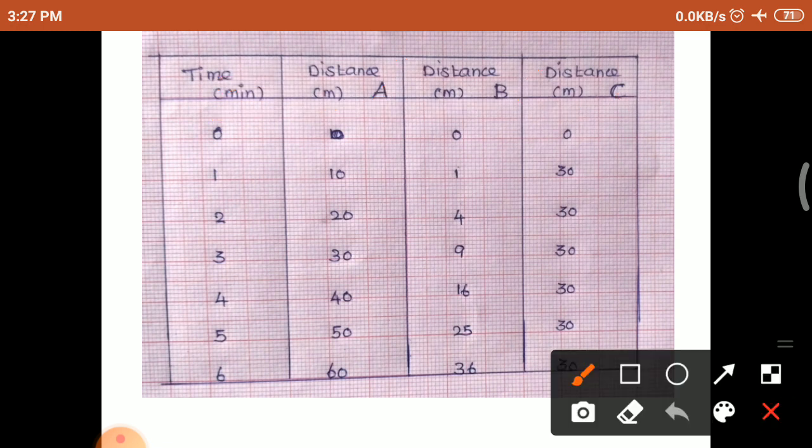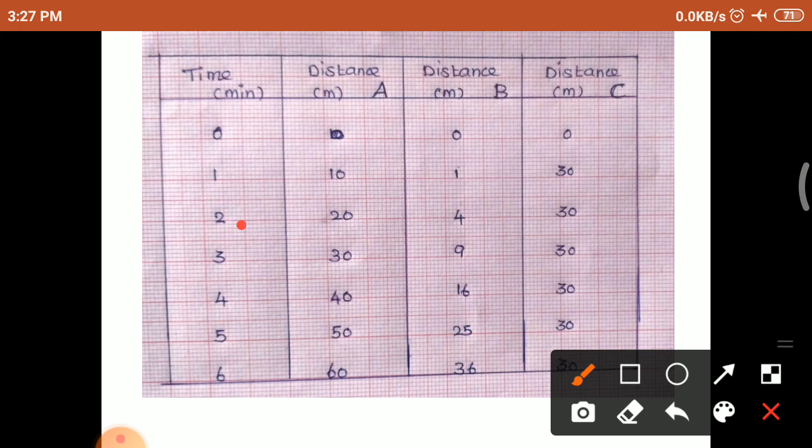The time is 0 minute, 1 minute, 2 minutes, 3, 4, 5, 6 minutes. When the time is 0, object A traveled distance 0, and B also 0, C also 0. When time is 1 minute, object A covers 10 meters, object B covers 1 meter, object C covers 30 meters.